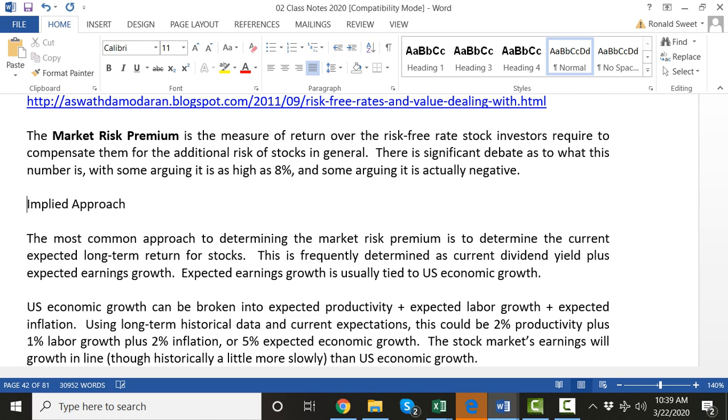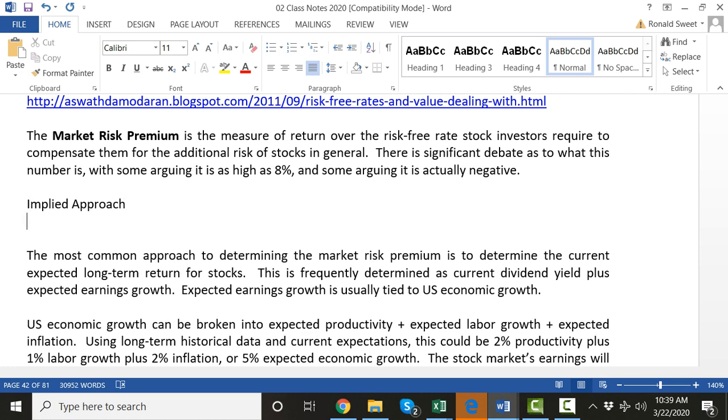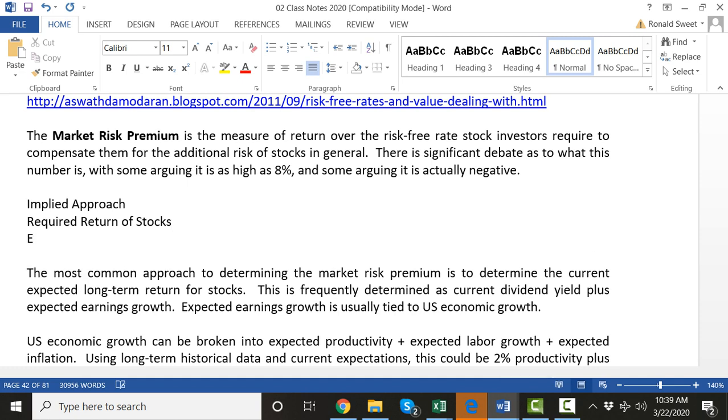So what the implied approach says is there is a required return on stocks, what we need to compensate us for risk, and there is an expected return on stocks. The required return on stocks is very theoretical. There's no place to go to calculate that number.